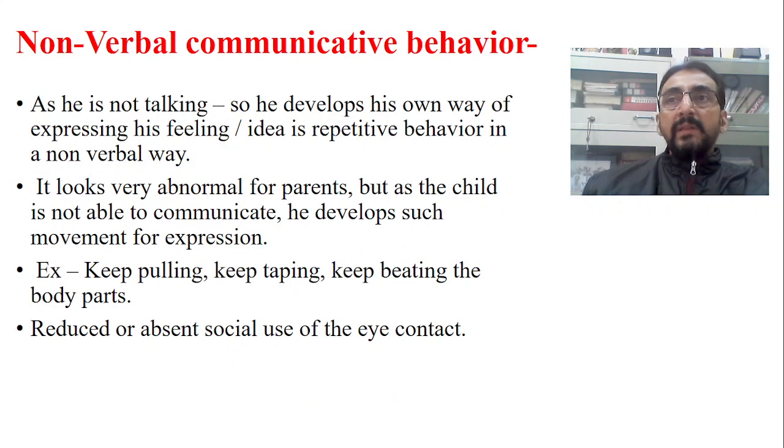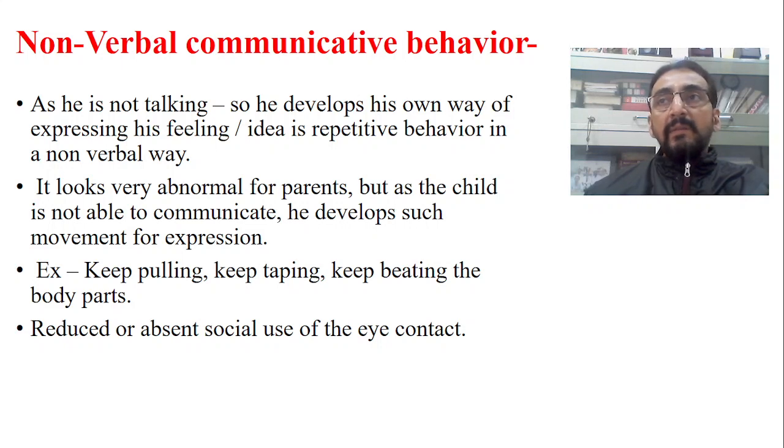Usually the child is not able to have a good perception of the auditory stimulus. As a result, the child usually shifts to non-verbal communication methods. If the language is good, the child will definitely communicate through speech.